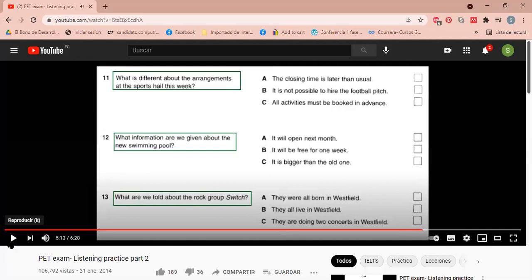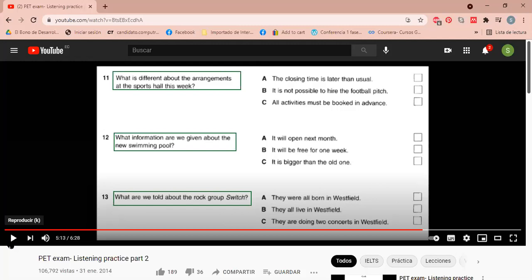Okay, this is the clue. So the right option was letter A. The closing time is later than usual. The lady said that they should close at 10 instead of 9:30. ¿Sí? Van a cerrar a las 10 en lugar de las 9:30. ¿Por qué no elegimos la letra C?